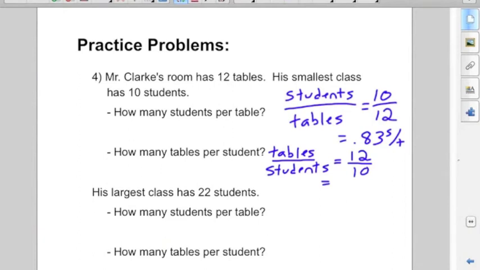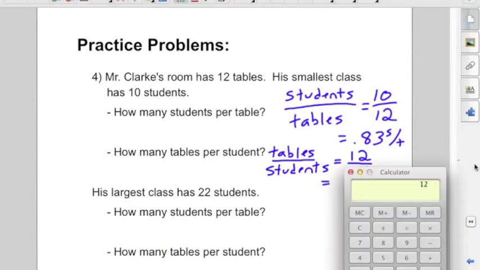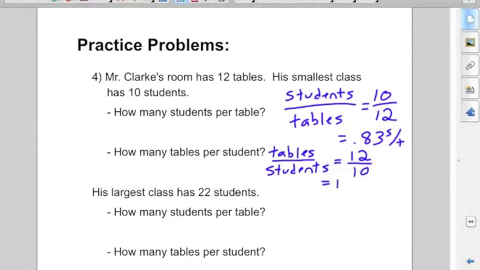Let's do the math. 12 divided by 10 is 1.2 tables per student. What does that mean if you're in Mr. Clark's smallest class? It means that on average, there's more than one table per student. So each person can have their own with a few empty tables left over.